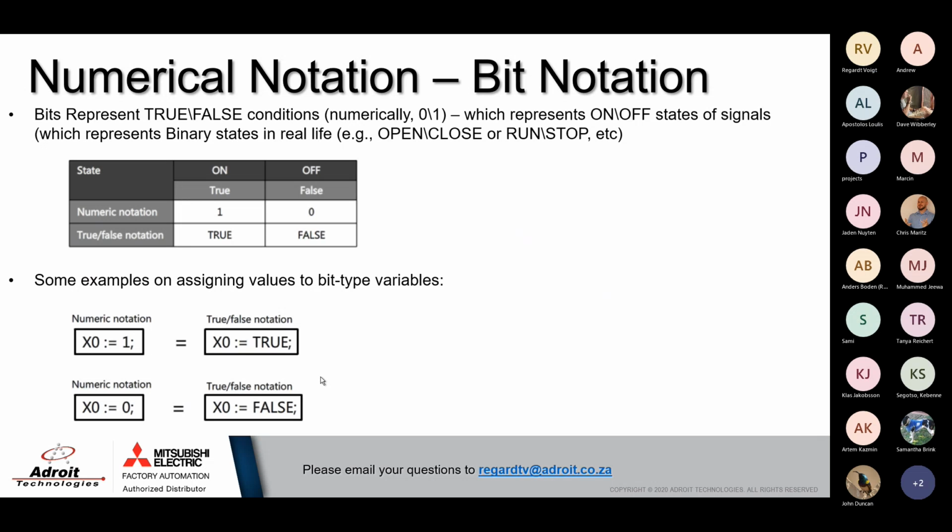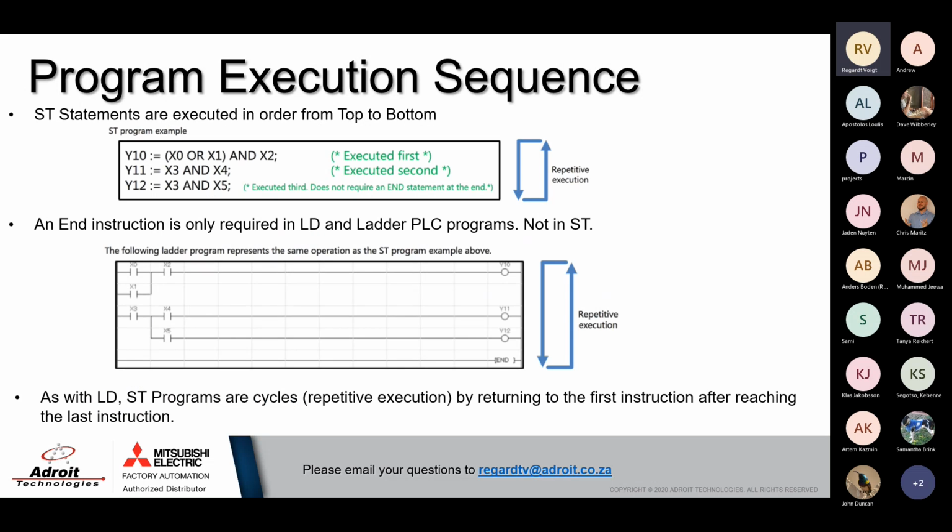Okay. Right. So I just want to move to execution sequence here. So exactly the same as with ladder diagrams and ladder-based PLC programs, you have an execution order that needs to be performed. So it starts at the top left corner, runs to the top right corner, all the way to the bottom right corner in that sequence.